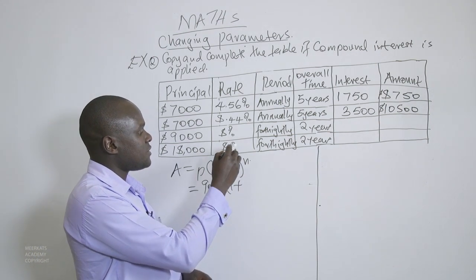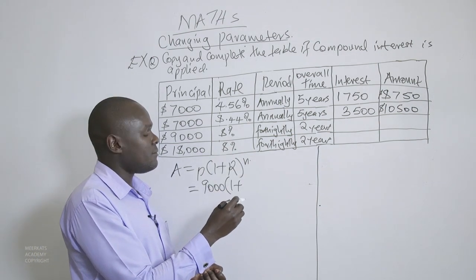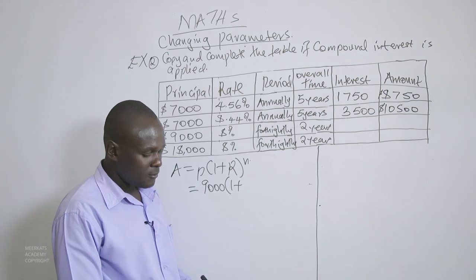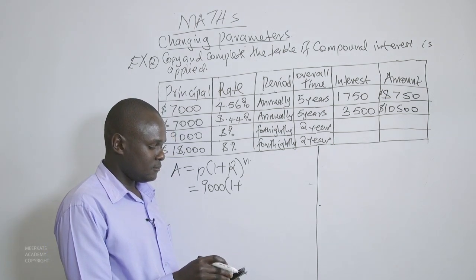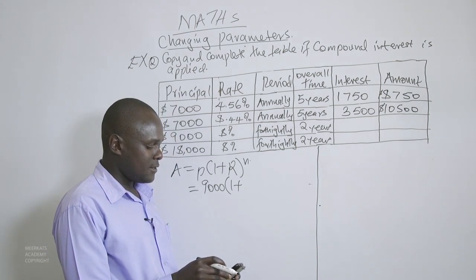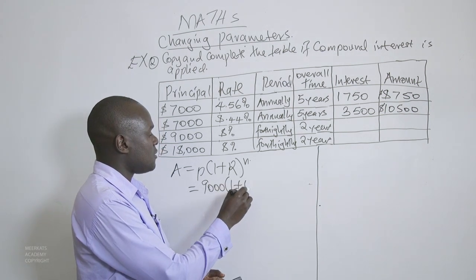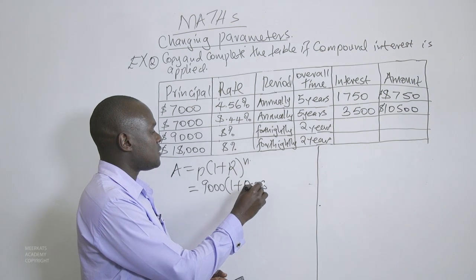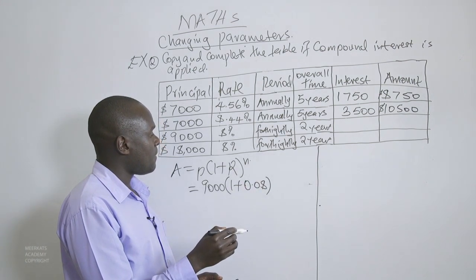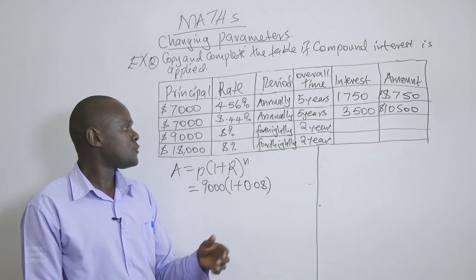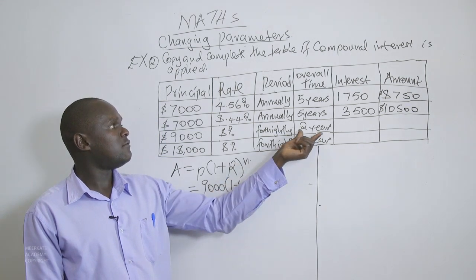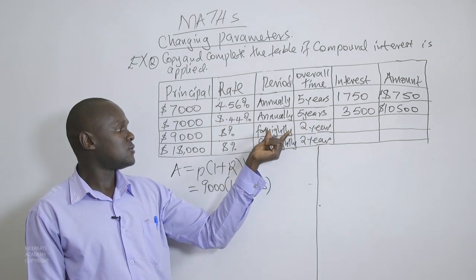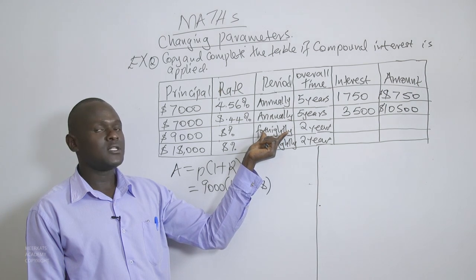So 8%, we need to convert it to a decimal number. When you divide 8% by 100, you'll get 0.08. And when it comes to our periods, we have 2 years, and it is going to be compounded fortnightly.